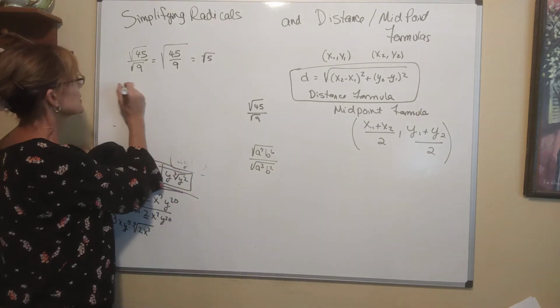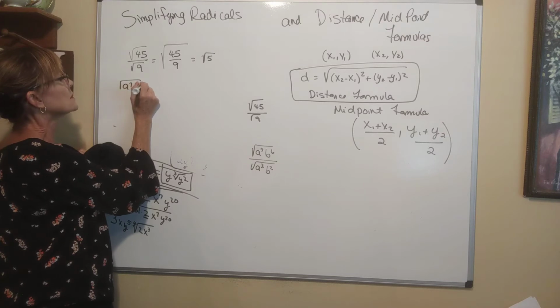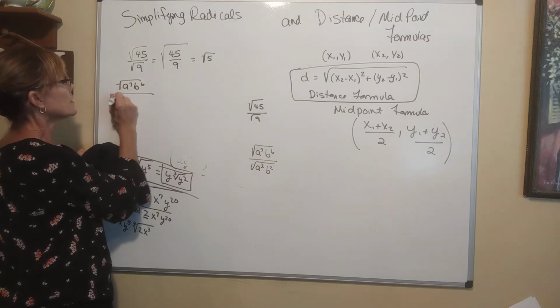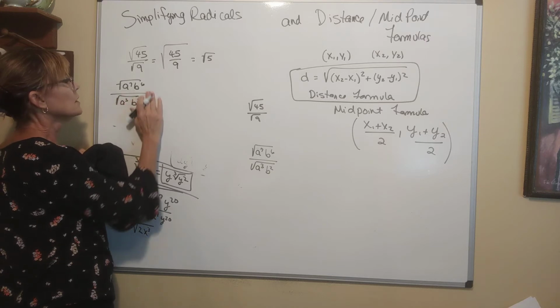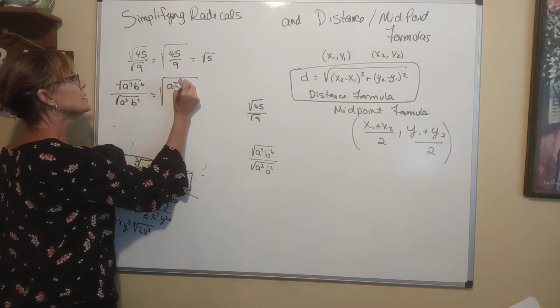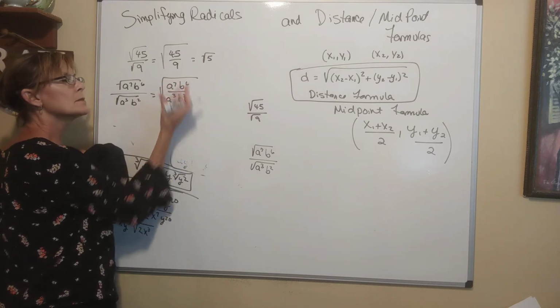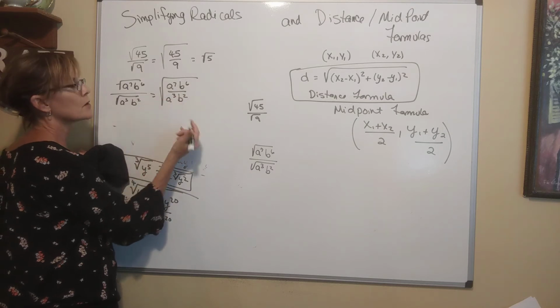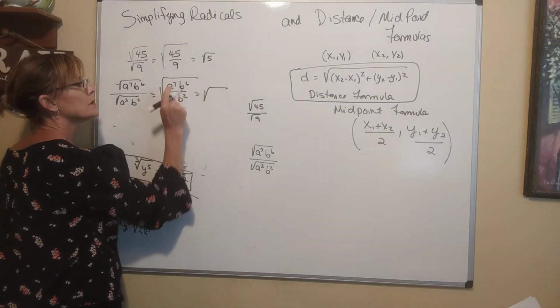How about this guy? Let's look at this. If we got the square root of a to the 7th, b to the 6th, over the square root of a to the 3rd, b squared. You can rewrite that as the one big square root of a7, b6 over a3, b2. We can simplify under the radical using exponent rules. 3 will go into 7.